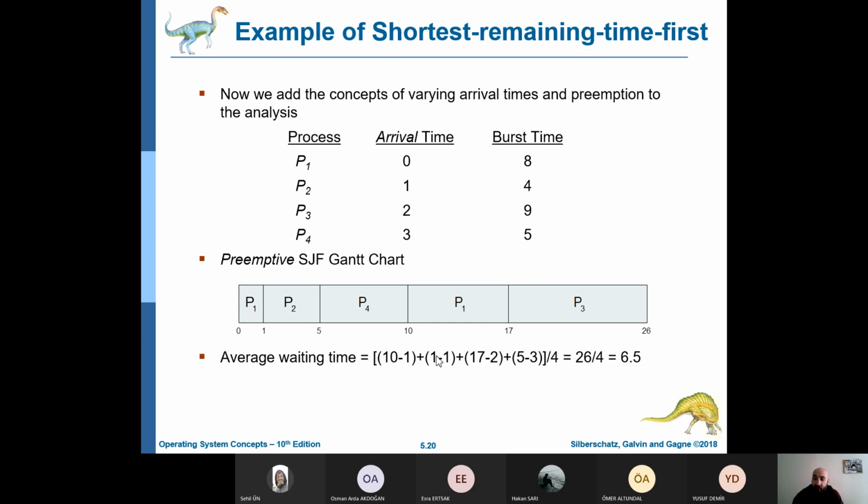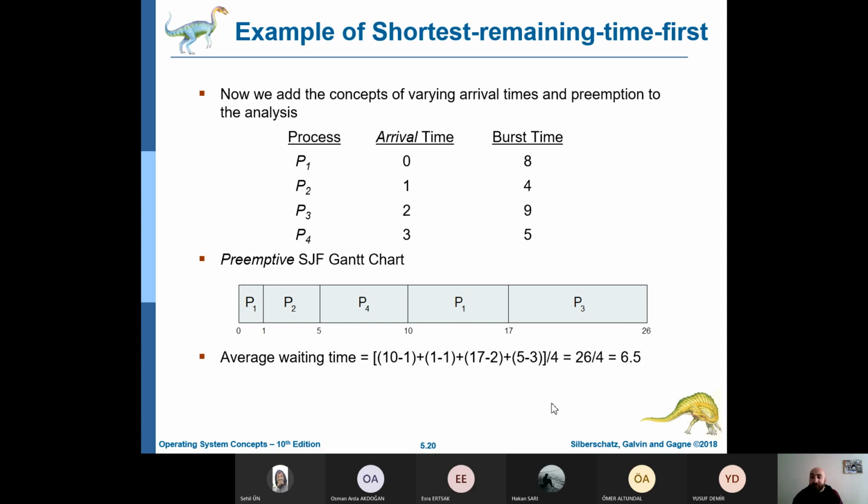So the waiting time for P2 will be 1 minus 1. The waiting time for P3 will be 17 minus 2, because it starts executing at 17, but it arrived in the queue at the second millisecond. And the waiting time for P4 will be 5 minus 3. It starts to execute at 5, but it arrives in the ready queue at 3, so it just waits 2 milliseconds.